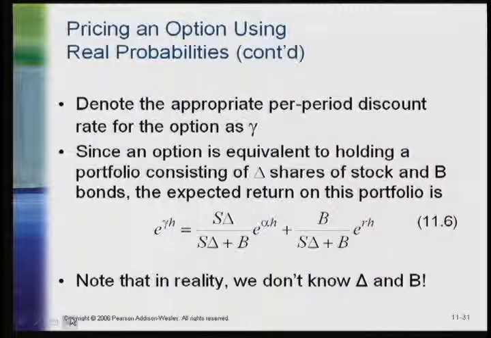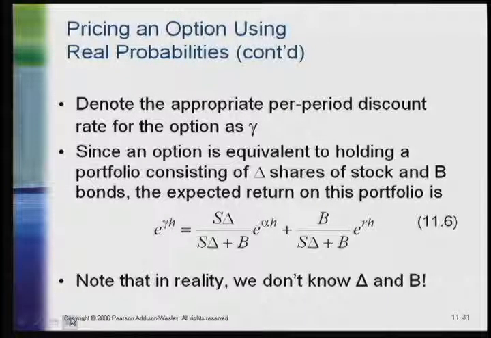So why isn't alpha the risky return on the option? And the answer is, an option is a leveraged investment. You remember in our earlier work, we saw that a call option is a stock portfolio leveraged with some short T-bill positions.